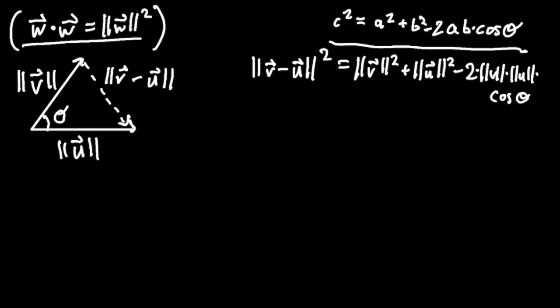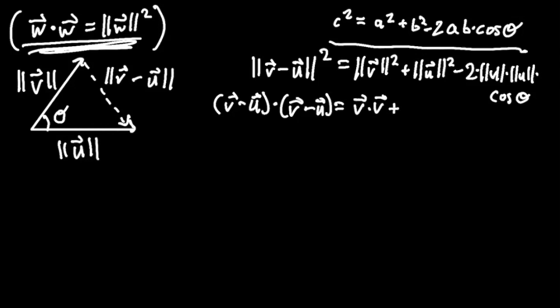And now using our property, we're going to be replacing these magnitudes squared with the dot products. Here we have the dot product between V minus U and itself. Here we have the dot product between V and itself, plus the dot product between U and itself, minus, and we still have 2 times magnitude V times magnitude U times cosine theta.